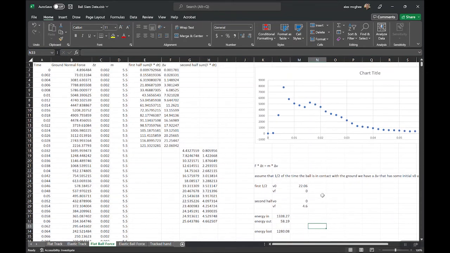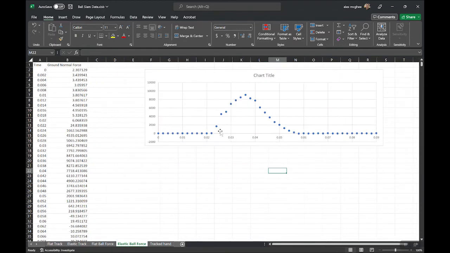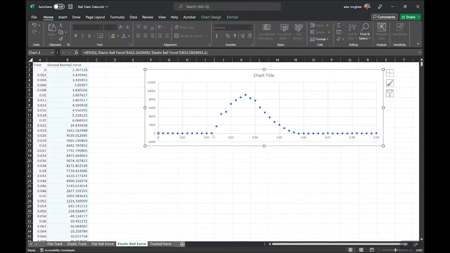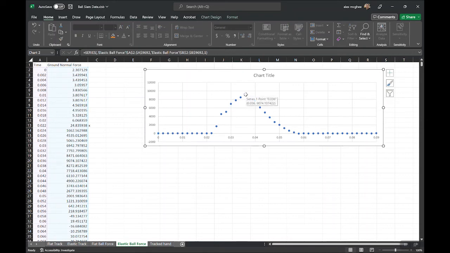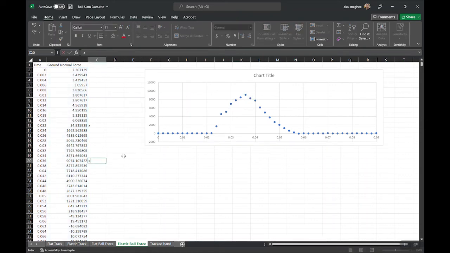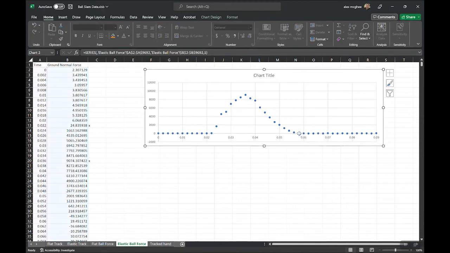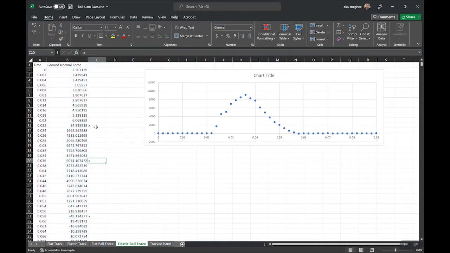Okay, so we can do the same analysis for the elastic ball force. In this case, it looks like the ball starts contact at 0.022, so we would start here, and we would end the integration at this peak, 0.036 here. Let's make sure that's equal time: 0.058 minus 0.022.